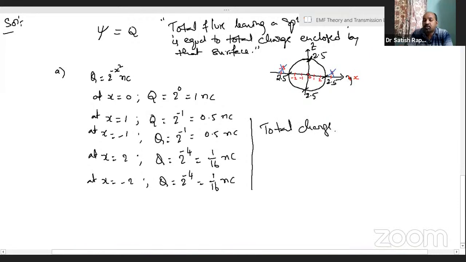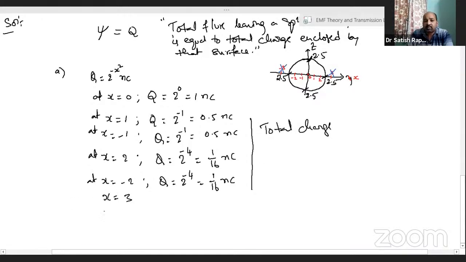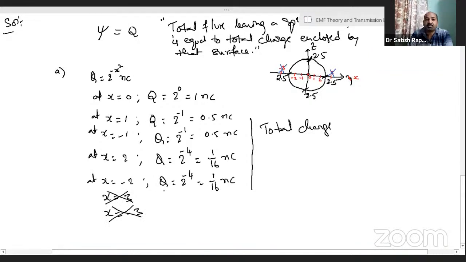So therefore, the total charge, right? Total charge inside the spherical surface. Here we are not calculating x equal to 3 and x equal to -3, because these are outside the sphere. So therefore, no need to consider.